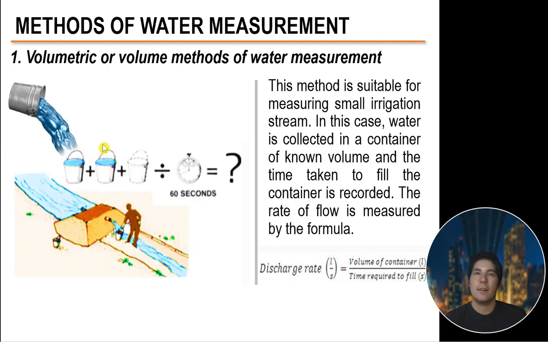And the time taken to fill the container is recorded. So, the rate of flow is measured by the formula. We have the discharge rate in liters per second is equivalent to the volume of water in liters divided by the time required to fill it, in seconds. So, that's how easy the volumetric method is.